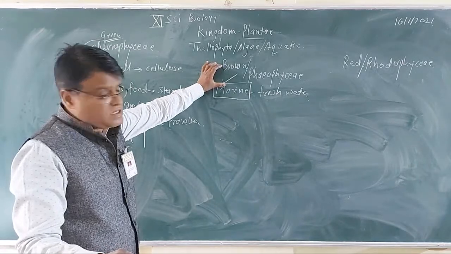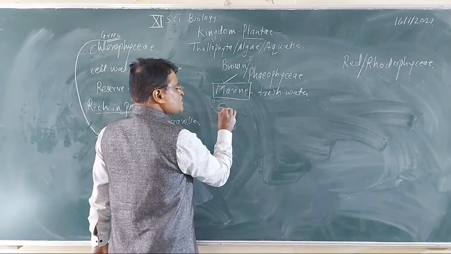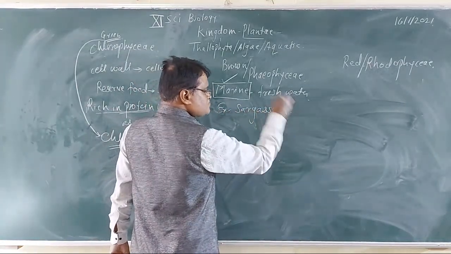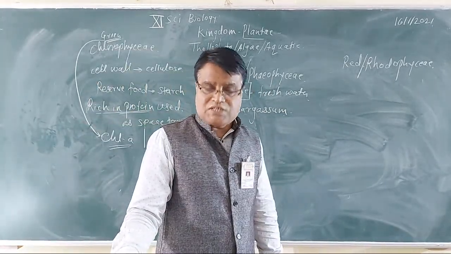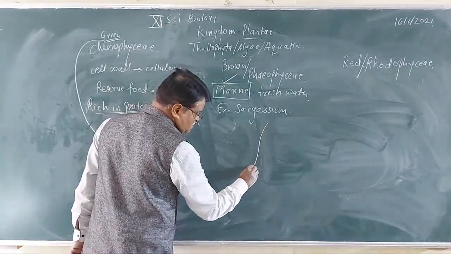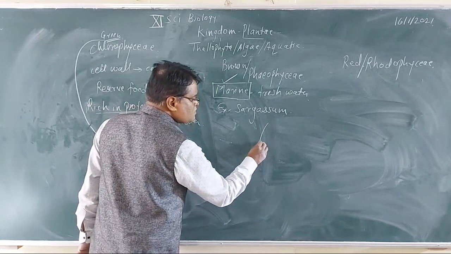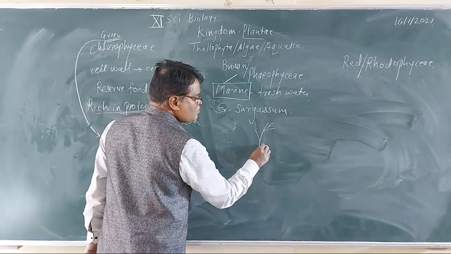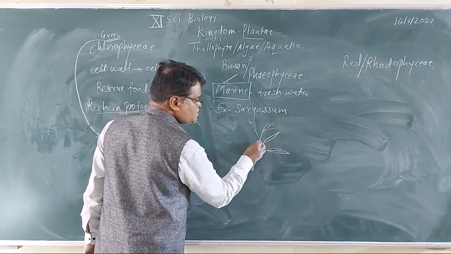And next one, to take a very simple example, sargassum. I just draw the diagram of sargassum. This one is the sargassum. This one is the leafy structure.